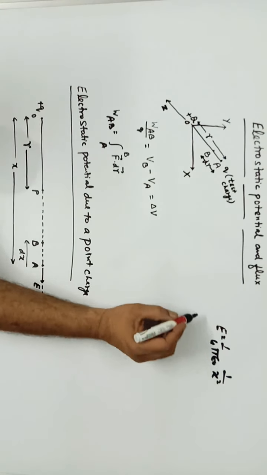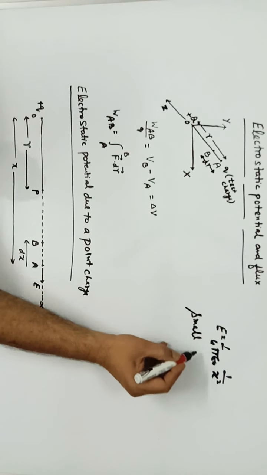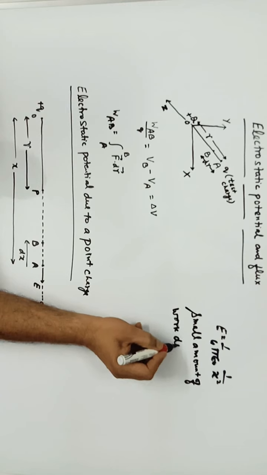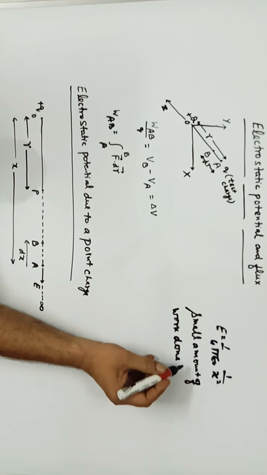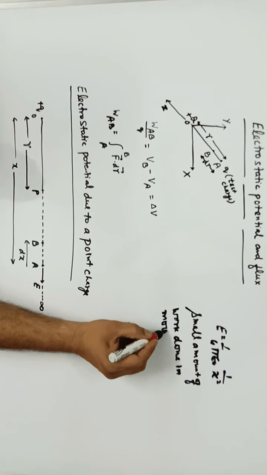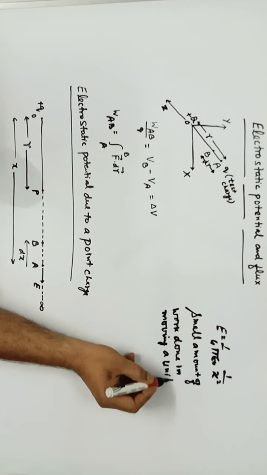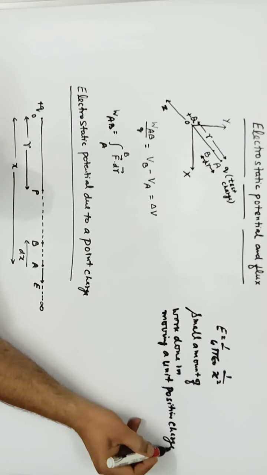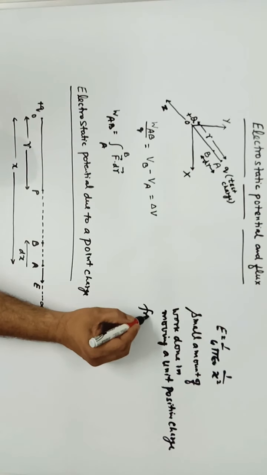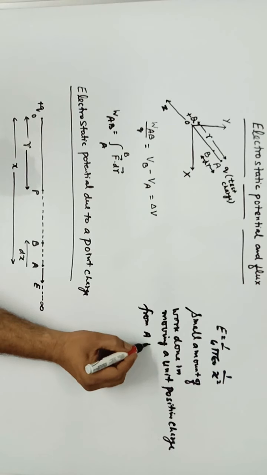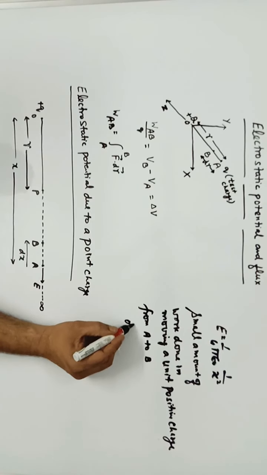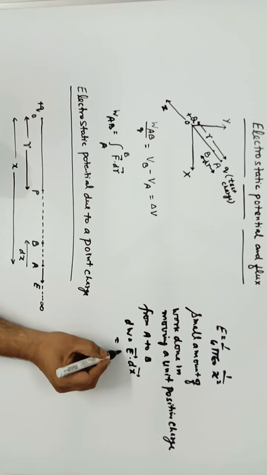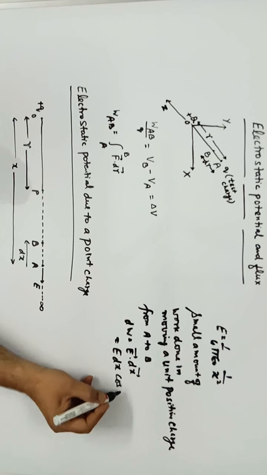So a small amount of work done in moving a unit positive charge from A to B, dW is E dx cos 180.